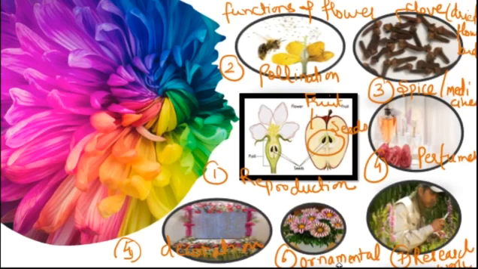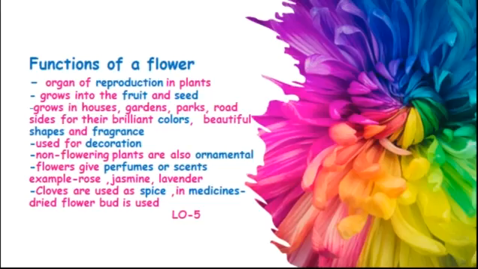Okay, so let's discuss the slide. Flowers are first the organ of reproduction in plants. They grow into fruits and seeds. Next, they grow in houses, gardens, parks, and roadsides for their brilliant color and fragrance, and are used for decoration. Non-flowering plants are also used as ornamentals for decorating homes.